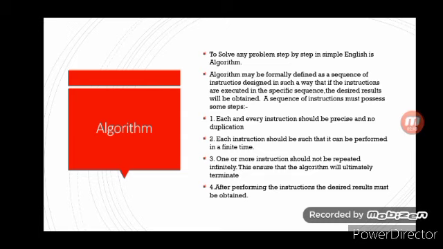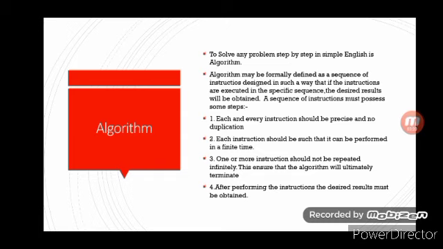In the second point, an algorithm may be formally defined as a sequence of instructions designed in such a way that if the instructions are executed in the specific sequence, the desired result will be obtained. A sequence of instructions must possess some properties.